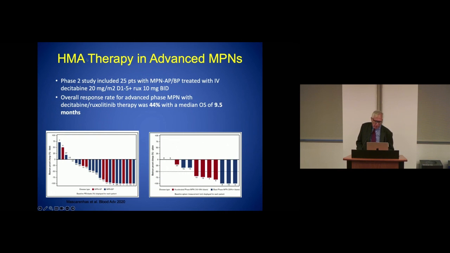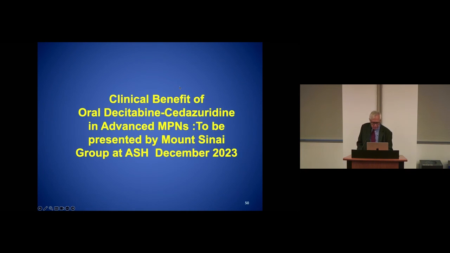So very quickly, here's a trial from MD Anderson. It only included 25 patients, but you can see that there were responses using this hypomethylating agent. The median overall survival of these patients in MPN blast phase was 9.5 months, which is increased over the historical controls.